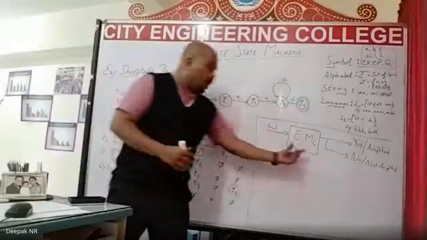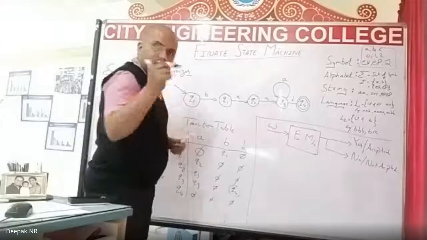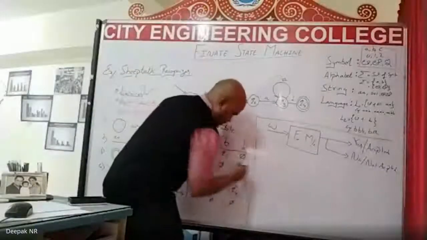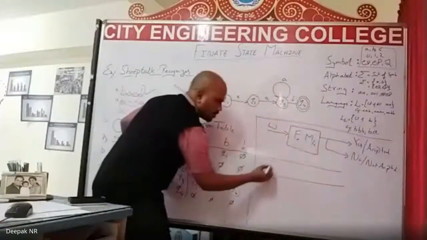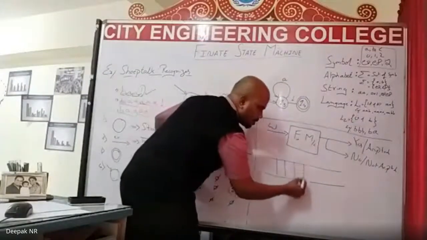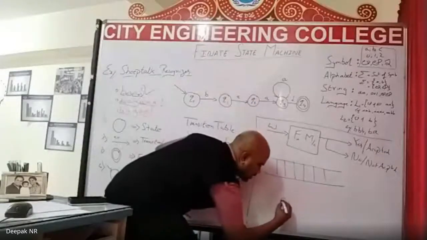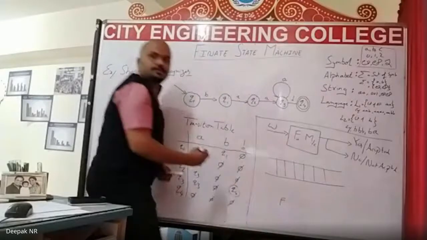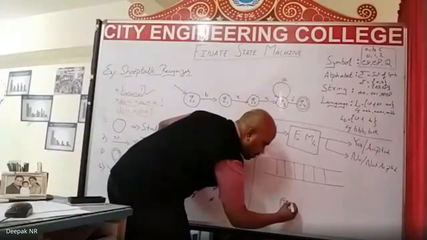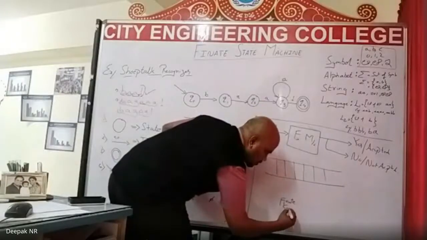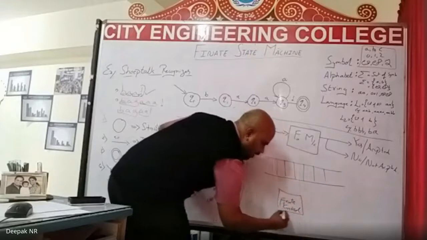Okay, now, how exactly does a machine look like? This is how a machine will be. There will be something called a finite control.